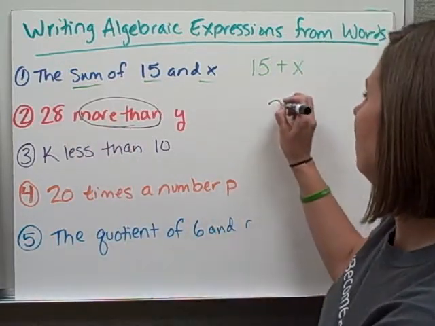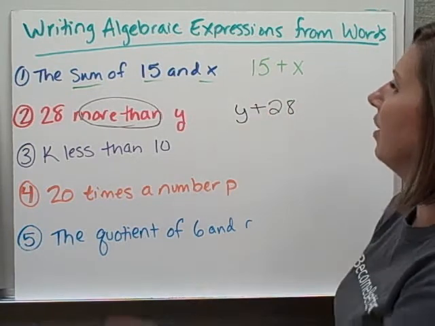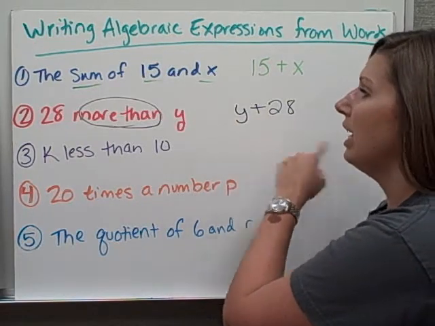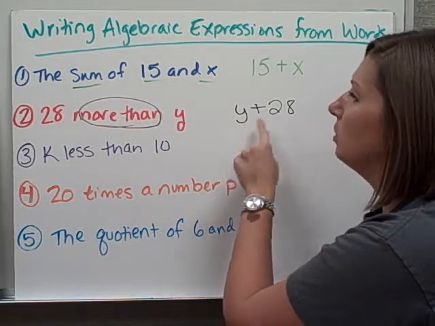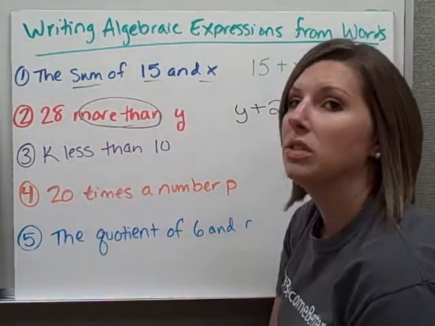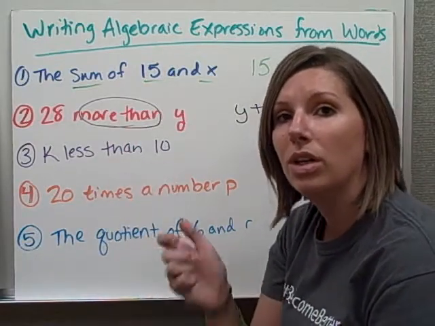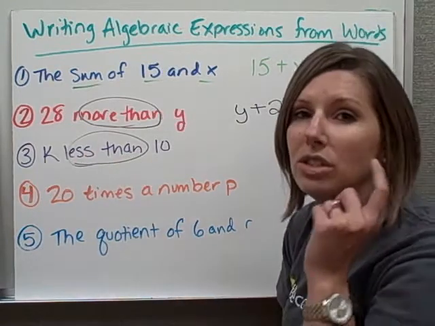There has to be something there first so that we can add 28 to it. So that's why our y comes before our 28, even though in the problem you see the 28 first. More than should be a signal to you to reverse the order. Same with less than. That's your signal.